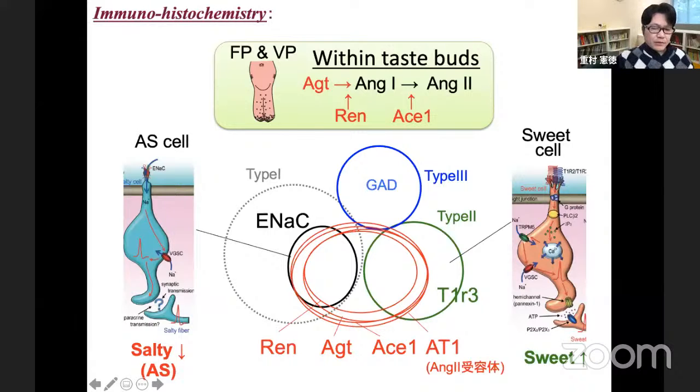This is a summary of co-expression analysis. As you can see here, all these components and AT1 are co-expressed with T1R3 or ENaC in taste bud cells. These results suggest that the taste organ contains a local RAS, which may be capable of producing angiotensin 2 and receiving it within the taste bud.